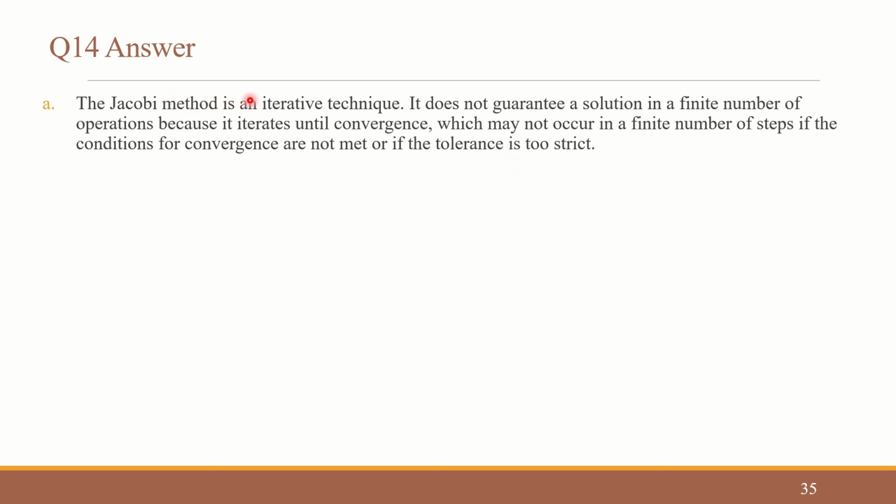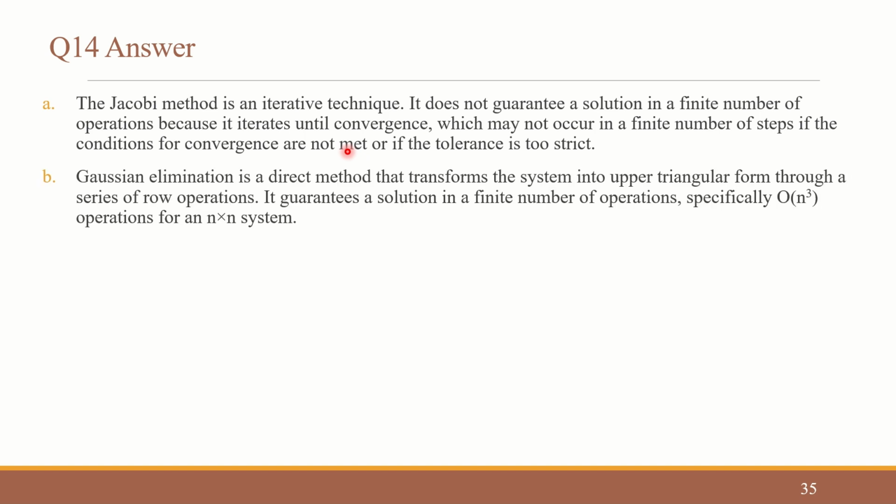Like if we keep the tolerance value very small, 10 power minus 7, 10 power minus 8, the tolerance is too strict. So that is one thing.